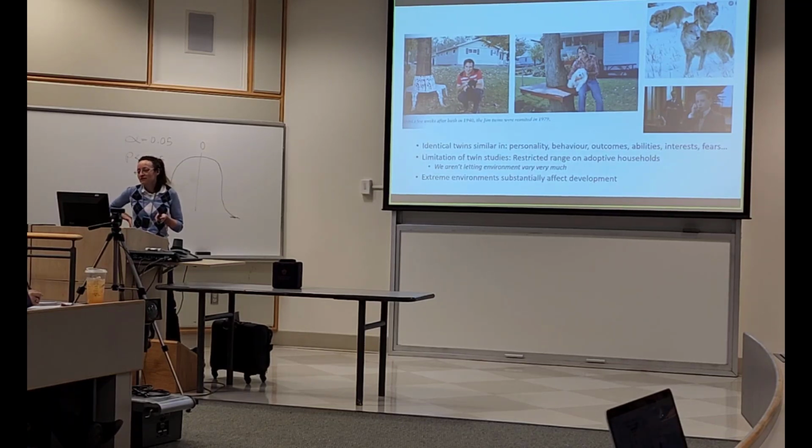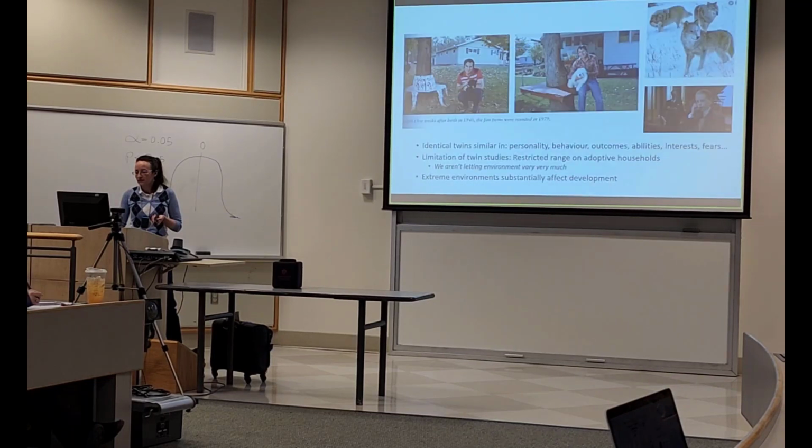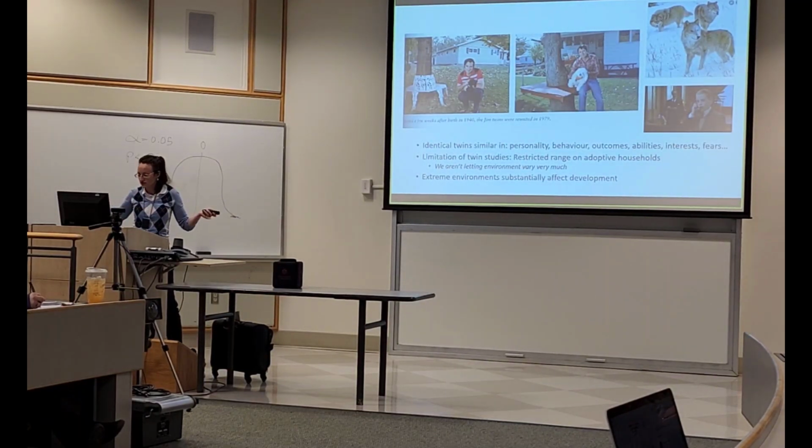But we aren't really letting the environment vary that much, okay? And it's the extreme environments that substantially affect development. So, we're not looking at the entire range of environments which would run between like being raised by wolves or being adopted into the most advantaged environment possible.